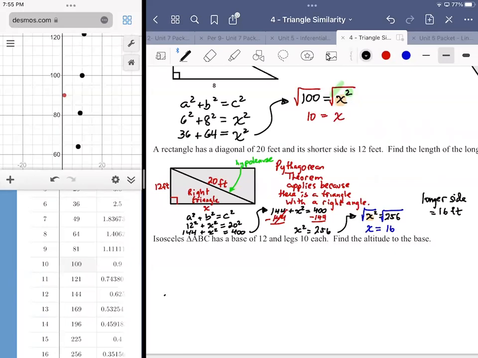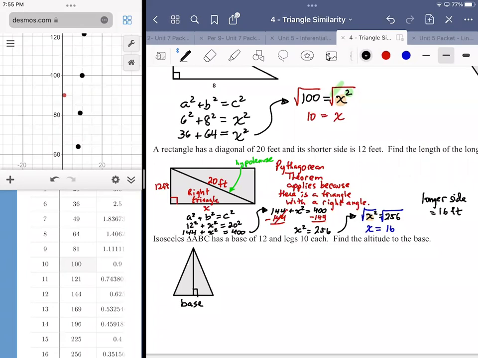With the normal orientation, make it look halfway decent. The base should be the obvious one. That's going to be the bottom. The altitude extends from the vertex angle to the base, forming a right angle.